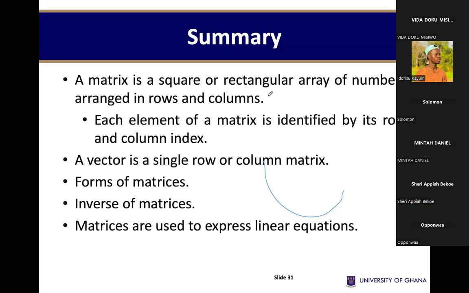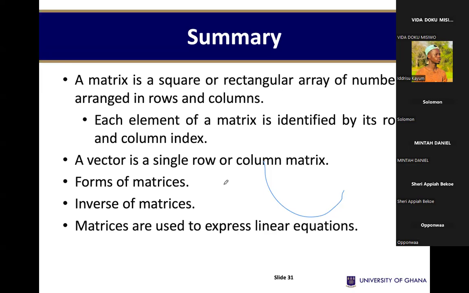We also saw some forms of matrices: the identity matrix, the null matrix, the diagonal matrix, the upper triangular and lower triangular matrix, etc. We also saw the inverse of matrices: finding the minors, the cofactors, and the adjoint. When you have the determinant, you reciprocate it and multiply by the adjoint. That gives you the inverse of a matrix.